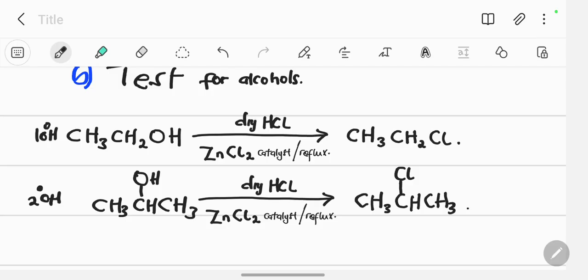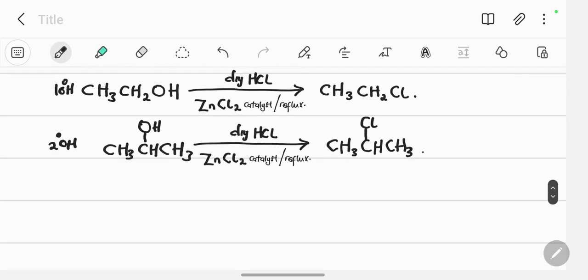So for what we observe in tertiary alcohols is that the reaction occurs readily in presence of water and concentrated hydrochloric acid.